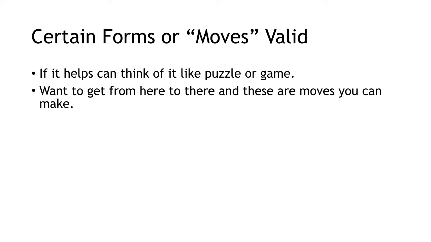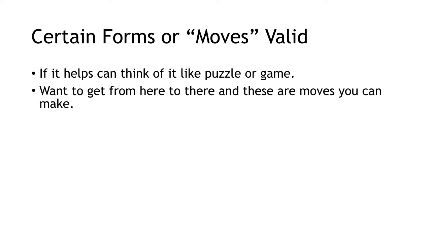What do I mean by valid forms of argument? How does it work with symbolic logic? Well, like I said last time, you can almost think of this like a game. One way that sometimes helps me to think about deductive arguments with symbolic logic is: okay, this is a game. I have these few statements. I have this goal, which is my conclusion.